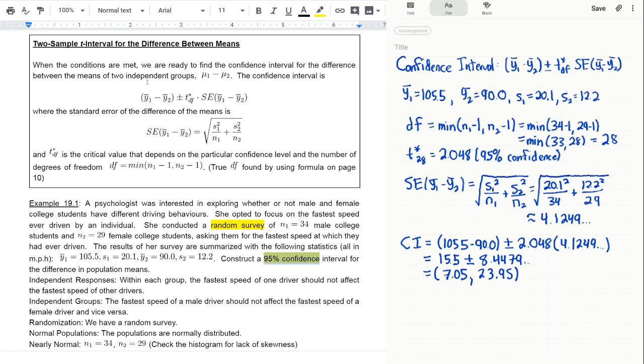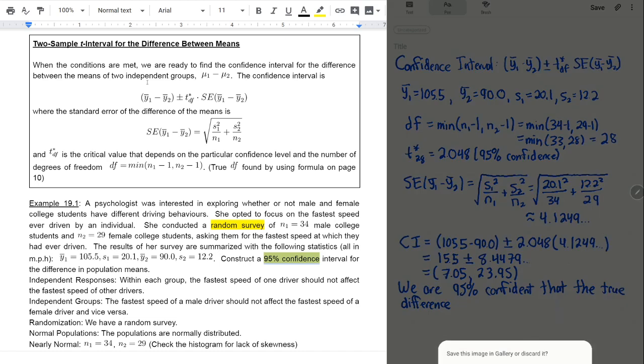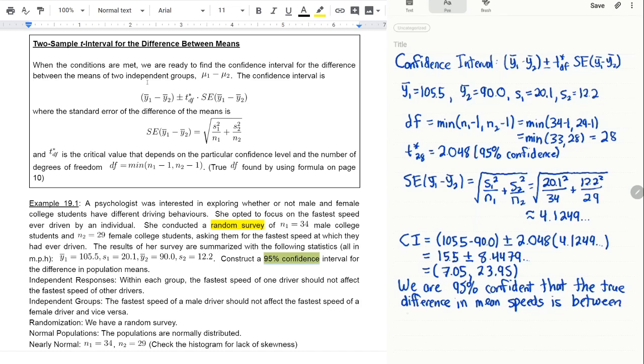Okay, so what we can say is that we are 95% confident that the true difference in mean speeds is between 7.05 miles per hour and 23.95 miles per hour.